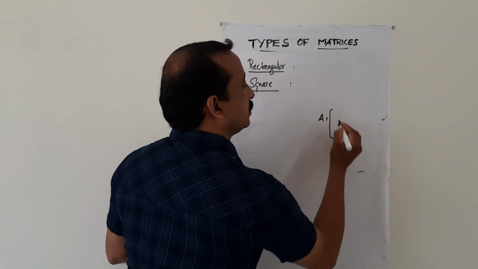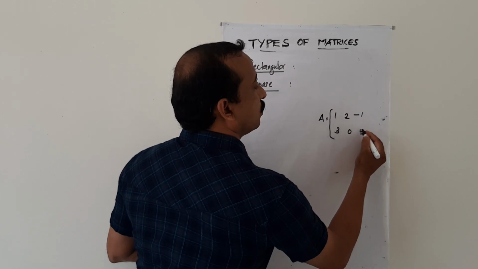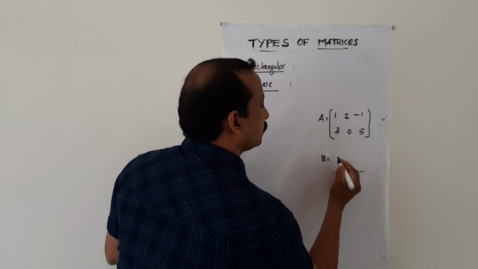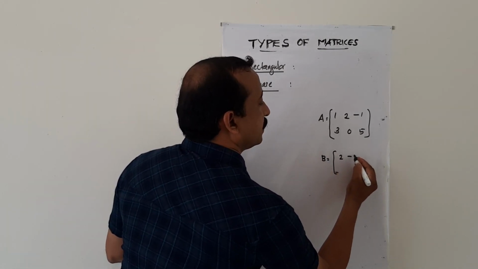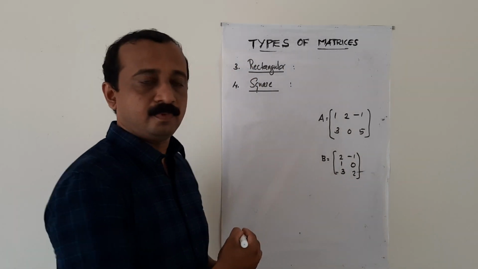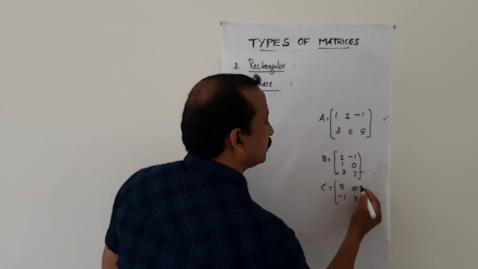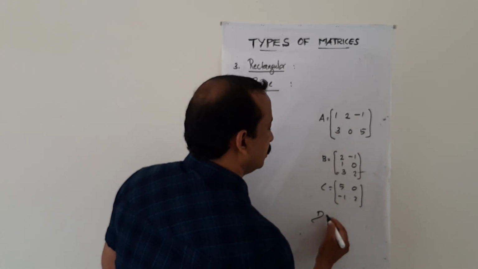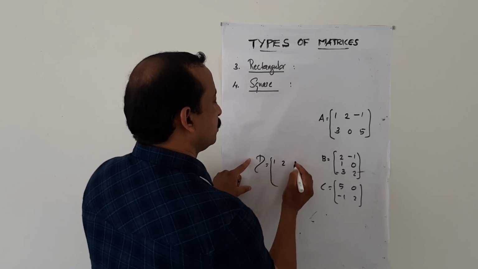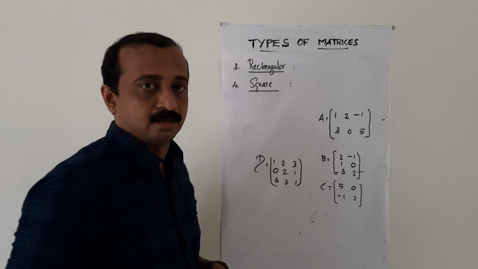A is equal to 1, 2, minus 1, 3, 0, 5. B is equal to 2, minus 1, 1, 0, 3, 2. And C equal to 5, 0, minus 1, 2. D is equal to 1, 2, 3, 0, 2, 1, 3, 3, 1.